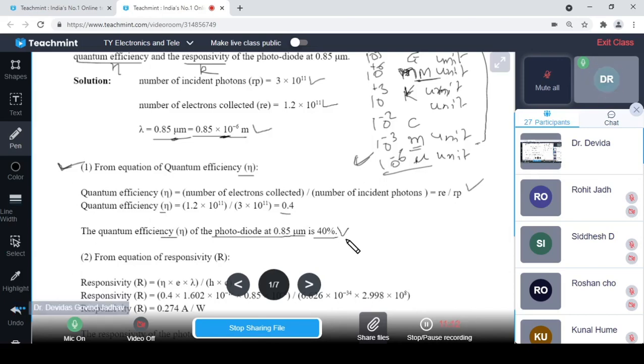So we always mention quantum efficiency with respect to wavelength. This 40% quantum efficiency is at 0.85 micrometer. So this is the first calculation which is required.